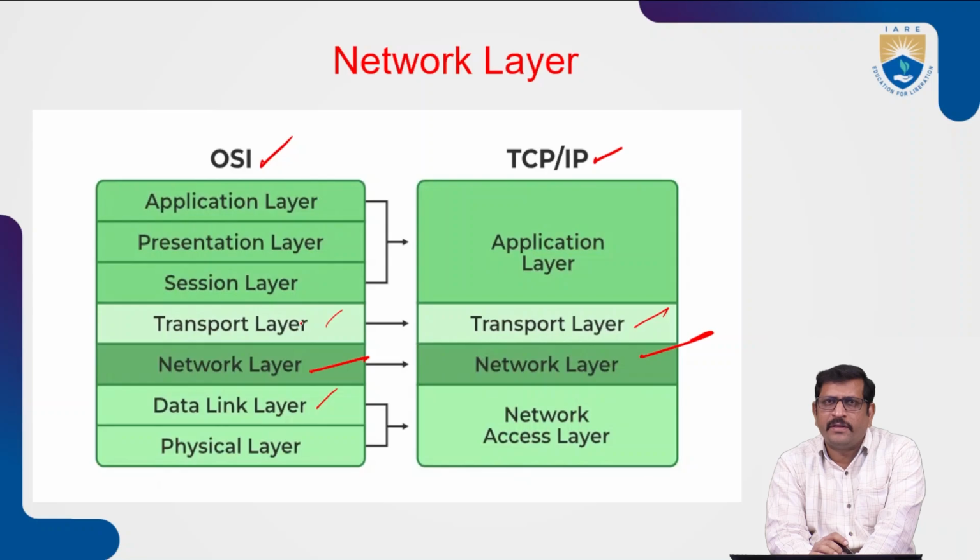The transport layer transfers the data in the form of tokens. With the help of the network layer, these tokens are encoded and converted into data packets.